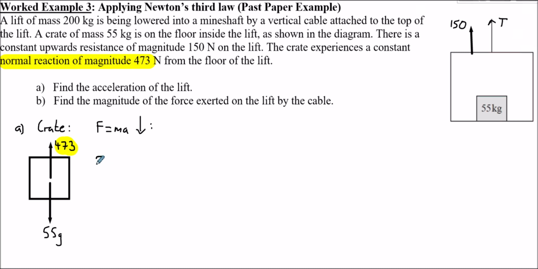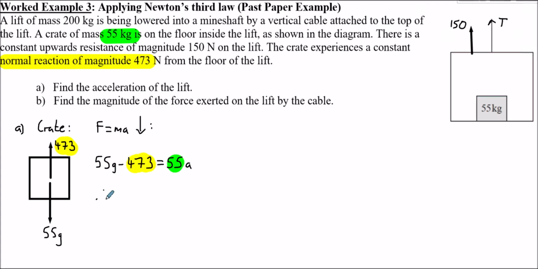So it's going to be 55g minus 473. That's going to equal the mass of the crate, which is 55, multiplied by the acceleration. So again, we're told the mass of the crate is 55, so that's where 55 comes from here, and 473 is this normal reaction as well.